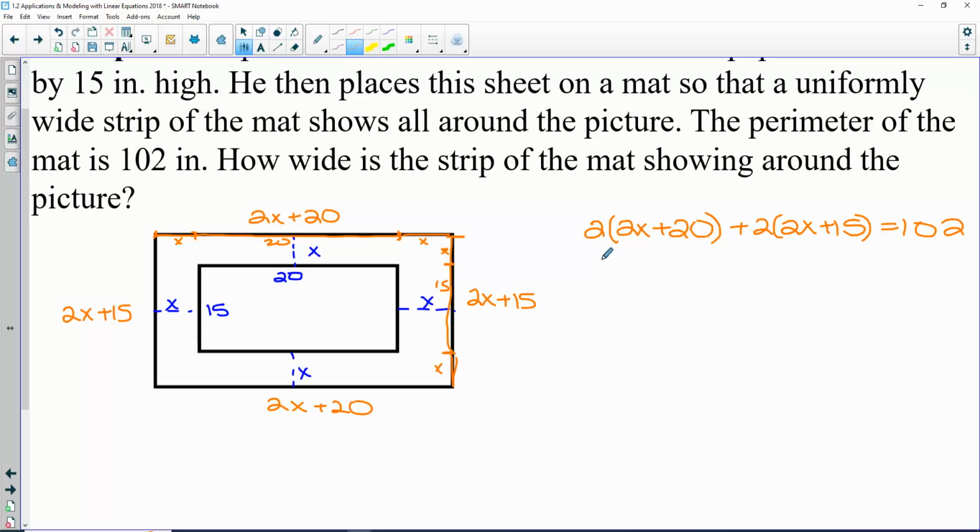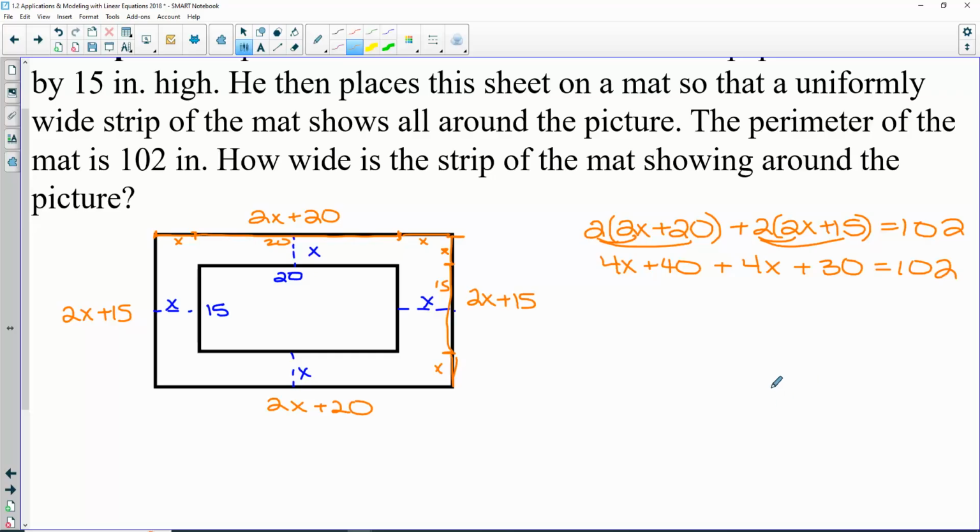So if we distribute, we get 4x plus 40 plus 4x plus 30.